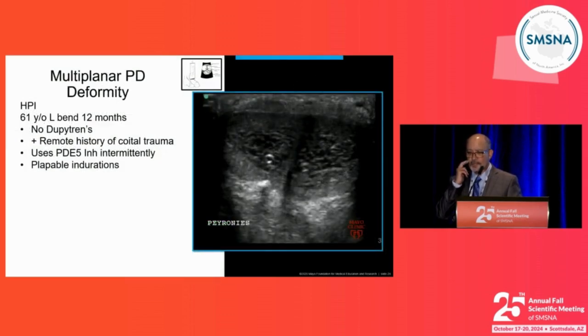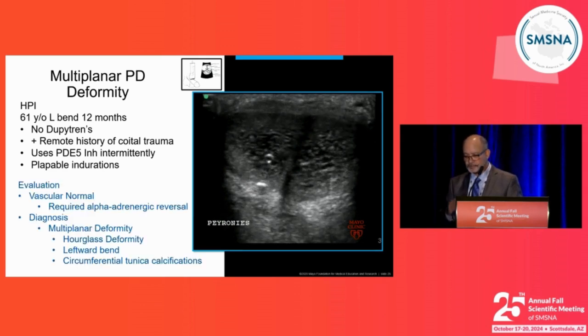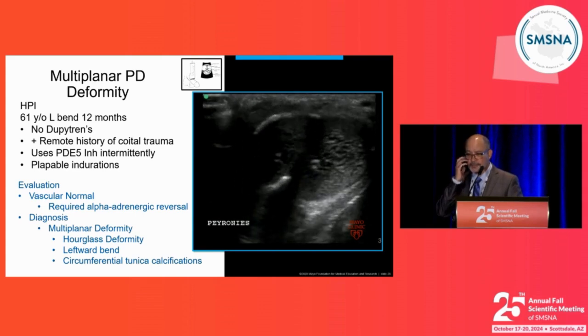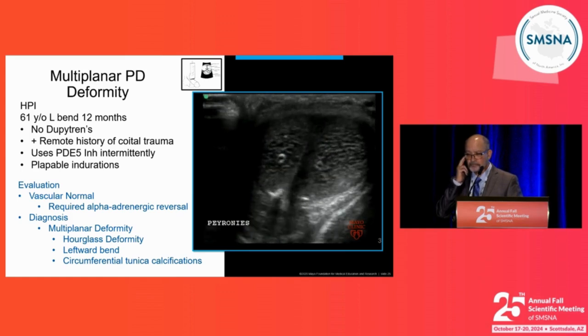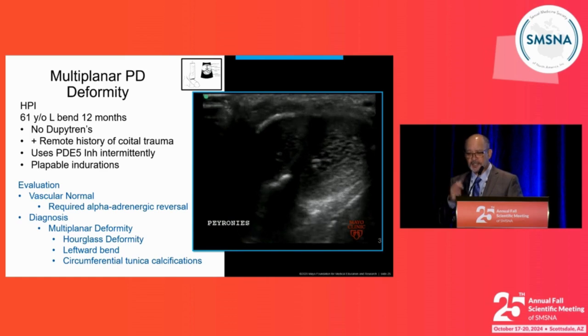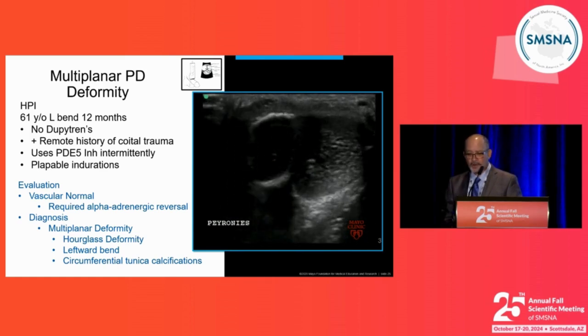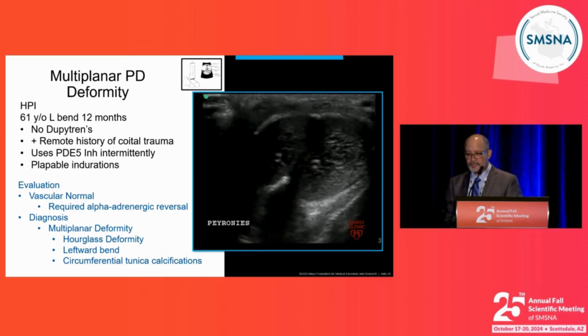This is a patient with multiplanar deformity, a 61-year-old, no history of Dupuytren's, remote coital history of trauma, uses PDE5s intermittently, multiple palpable indurations. And when you take a look at his Doppler, take a look at all of that calcium. So your treatment plan is immediately altered when you see the extent of that disease process, okay? So it was an hourglass deformity with significant notching as well.